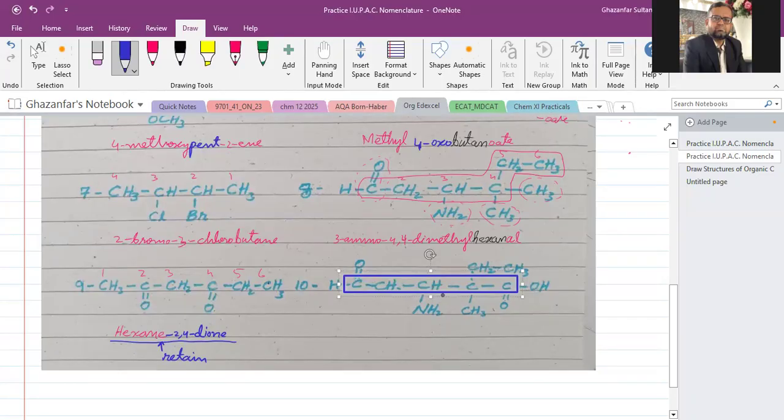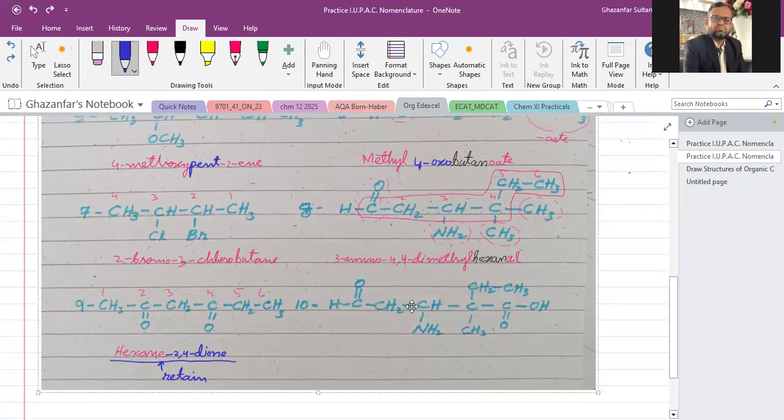Then we see whether, including the functional groups, there is a longest chain, then we prefer it, as we preferred in compound number 8. But for compound number 10, we do not prefer the longest chain, but we prefer that all the functional groups should be there. So the straight chain is the parent chain.